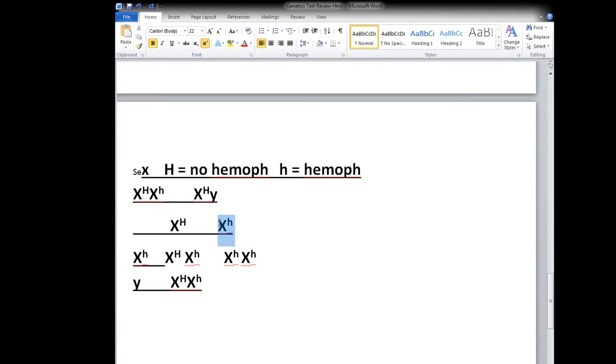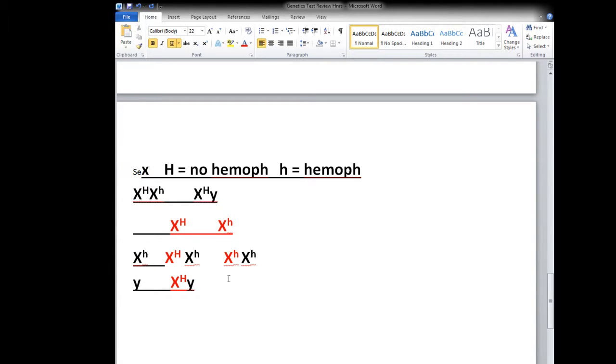In fact, we could even color code this. Yeah, sure, we'll leave it red and black. That works. So our X big H, our X big H. Now we got our Y, our X little h, and our X little h.